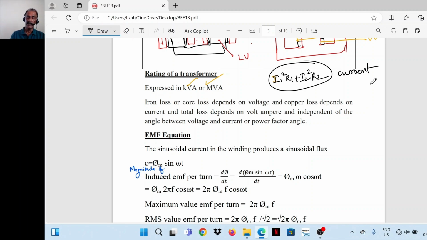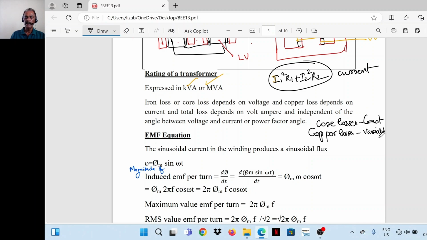As far as a transformer is concerned, we consider core losses constant and copper losses variable. Core loss is constant because it depends on voltage and transformers are operated at the rated voltage only.